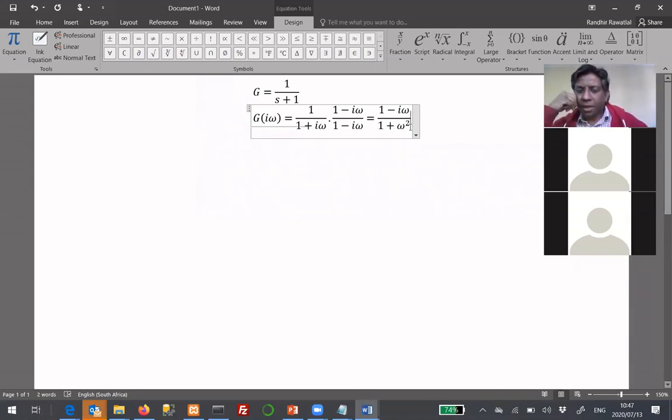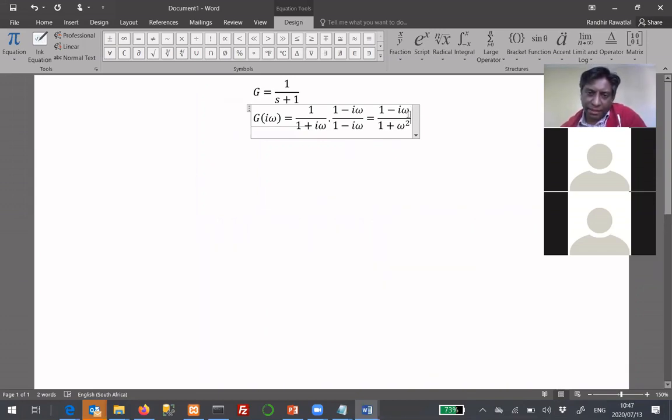So as we vary omega, we are going to create a series of real and imaginary numbers. So you can see in terms of the real part, as omega varies from 0 off to infinity, the real part is going to start at 1. And then as omega goes to infinity, the real part becomes 0. And then for the imaginary part, when omega is 0, it starts from 0.